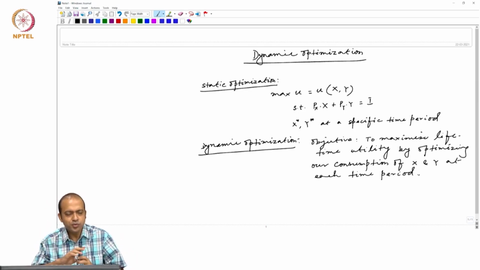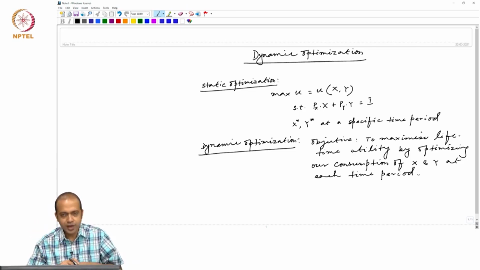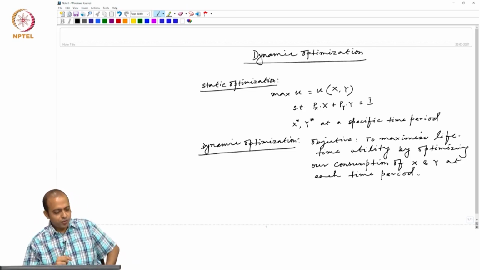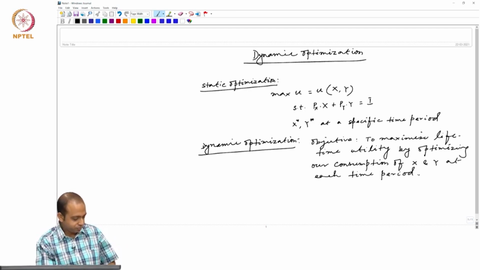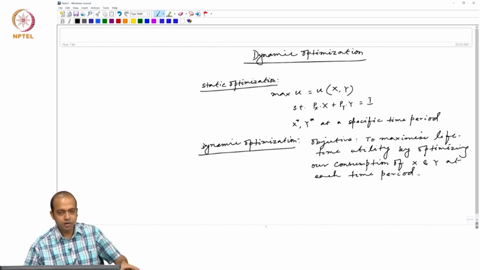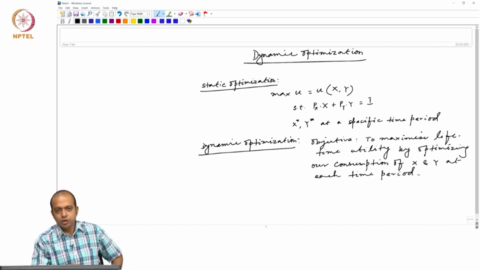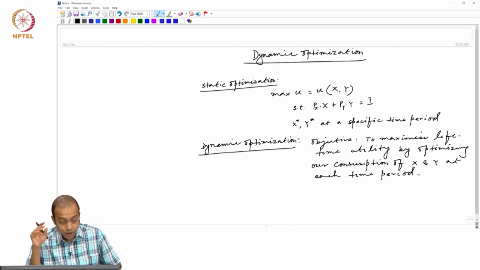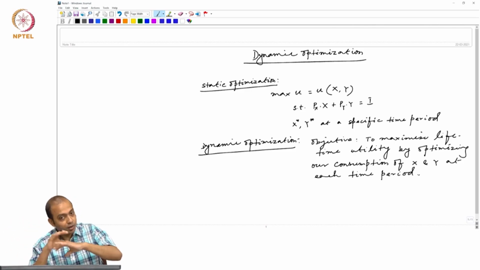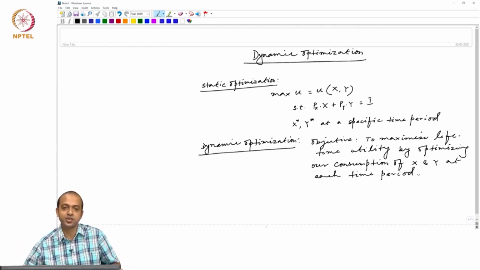You can easily understand, if we assume that we are going to live for, let us say, 70 or 80 years, then during this entire period we need to decide how much to consume, how much to invest, how much to save at each and every time period, each and every year, so that my lifetime utility is maximum.